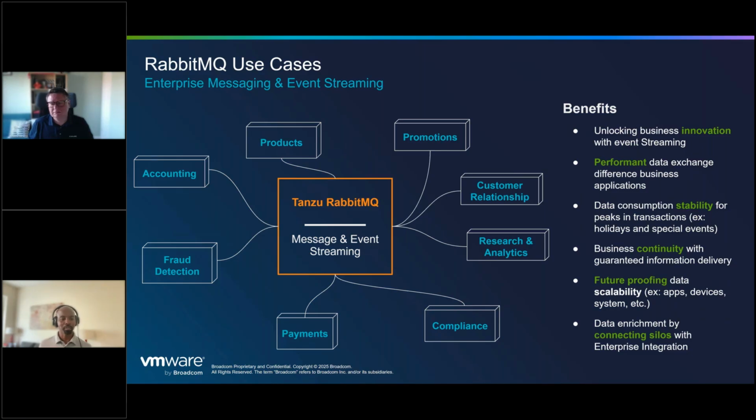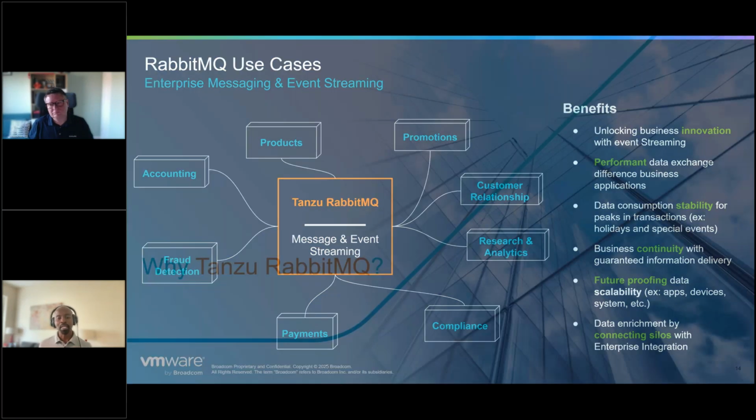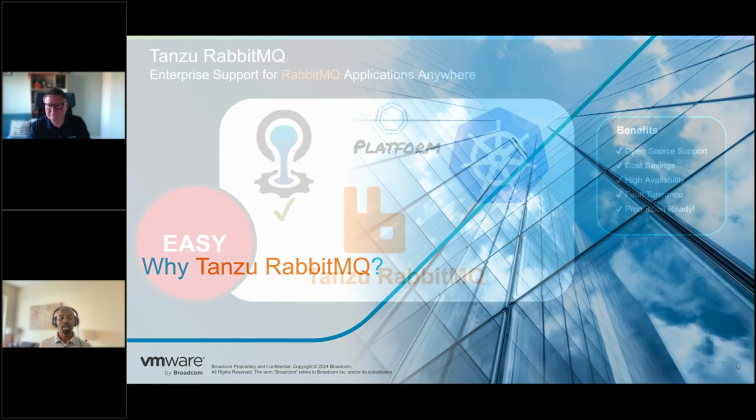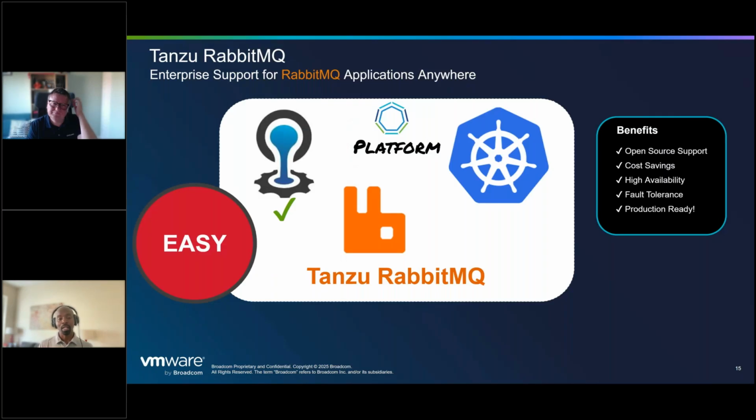And next slide, sir. So at VMware Tanzu, the team is making the RabbitMQ that most of you love. We're only making it better. So we're going to dive into why Tanzu RabbitMQ. The first thing is that we're making Rabbit easy to use.